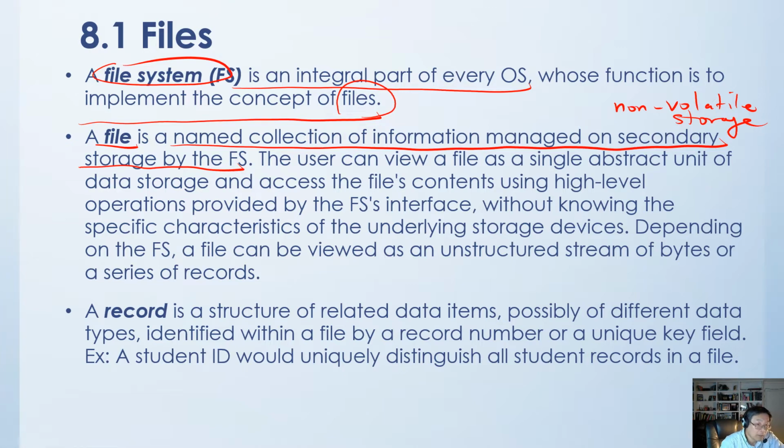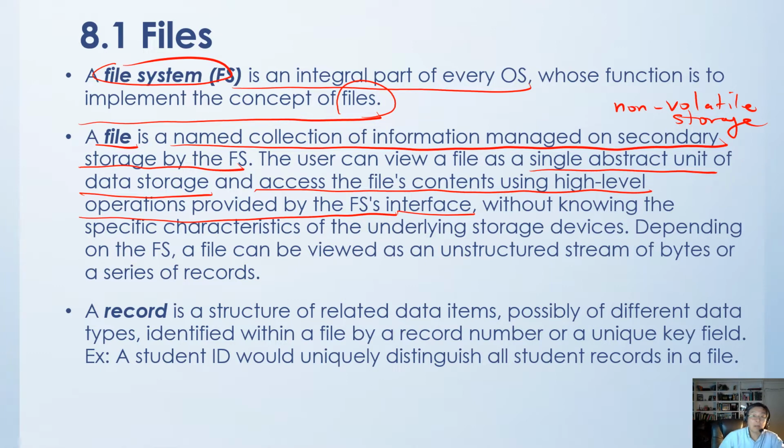The purpose of the file system is to provide a view that allows the user to view the file as a single abstract unit of data storage and access the file contents using high-level operations provided by the file system interface.